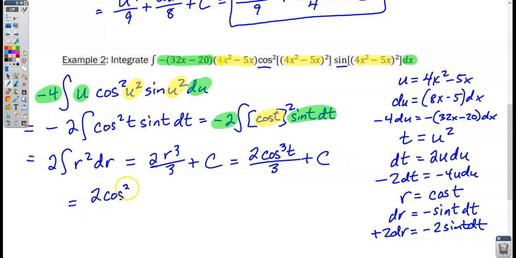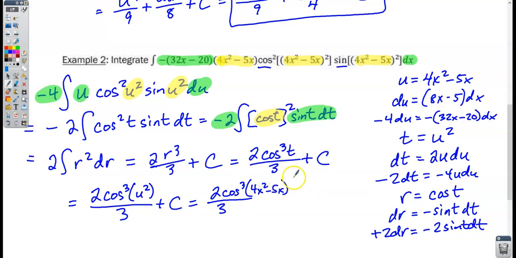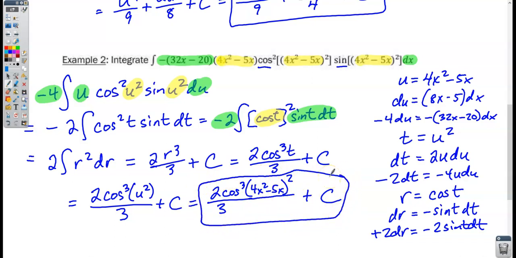So this is 2 cosine cubed of u squared over 3 plus a constant. And then I've got to bring u back. So that's going to be 2/3 cosine cubed of the quantity 4x squared minus 5x quantity squared plus c. And there is our integral of the original. All right, that was fun.